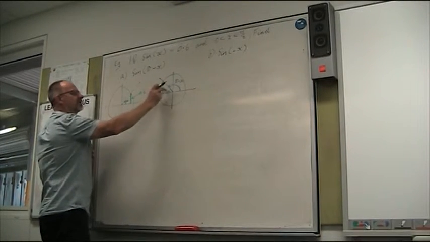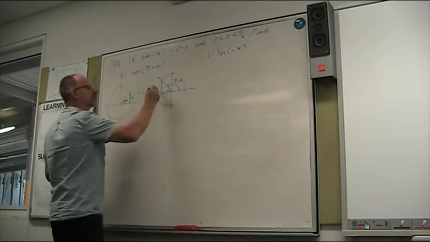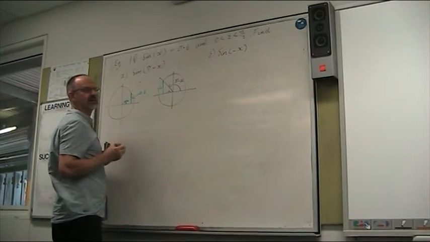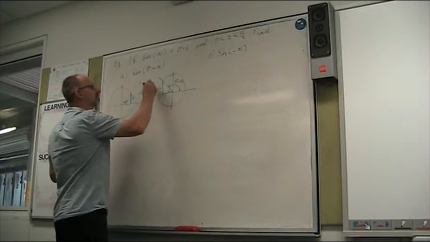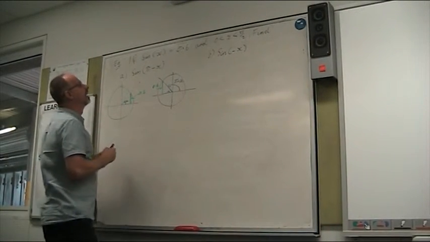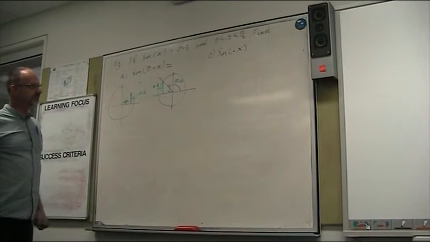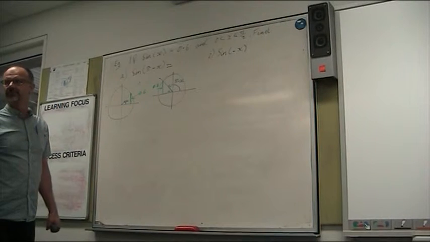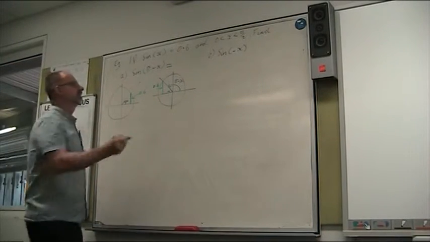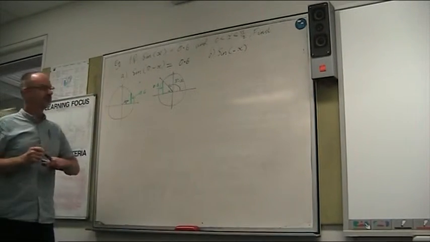These two triangles, what can you tell me about them? They're equal. So that means that this side here is 0.6. So the sine of pi minus x would be 0.6, and it's in the second quadrant, so it's still positive. And there it is.